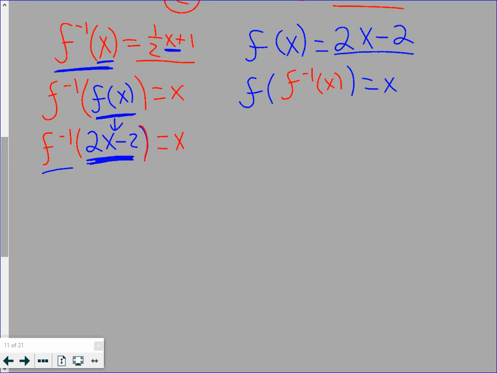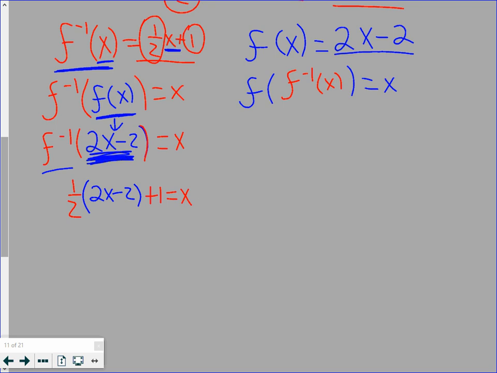So I get this 1/2, that's from right here, and instead of an x, I'm using my 2x minus 2 inside the parentheses. And I still have this plus 1 at the end that I cannot forget about, or the answer is going to be wrong.